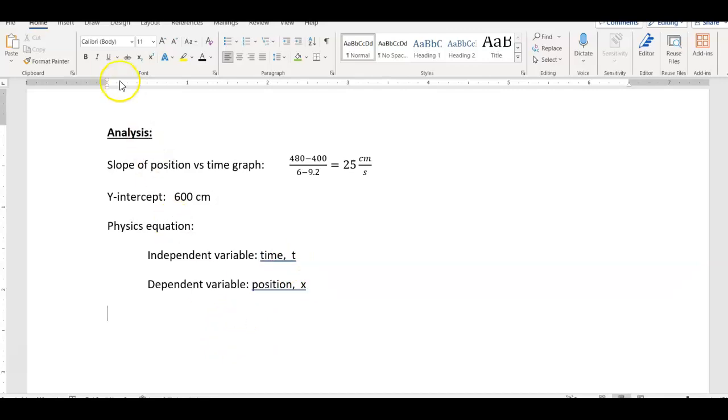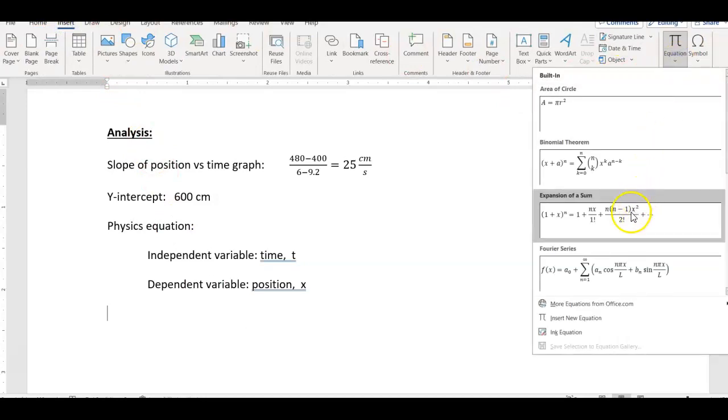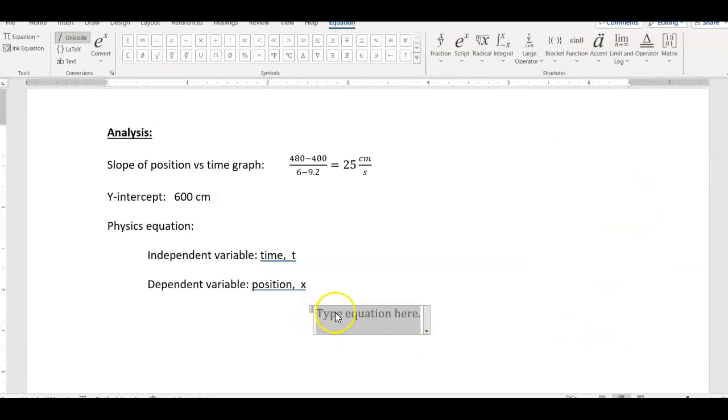Okay, let's insert a new equation. So I went to insert on the top row, I go to insert new equation, and I'm going to put my physics equation here. So the dependent variable I'm calling x. So x equals, I want to put my slope in parentheses, right?